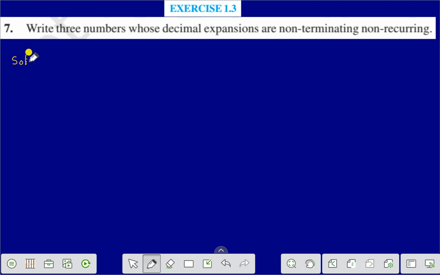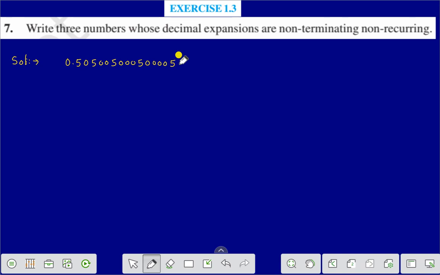For example, we are taking a number like 0.050. Again we are writing 500, then 1, 2, 3, again we are writing 5 with 4 zeros, then 1, 2, 3, 4, 5.